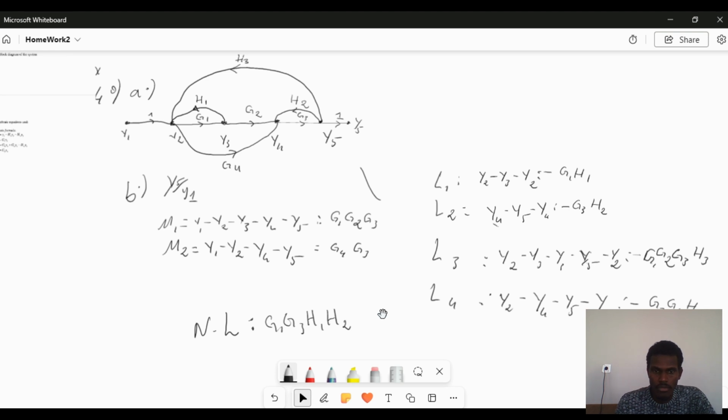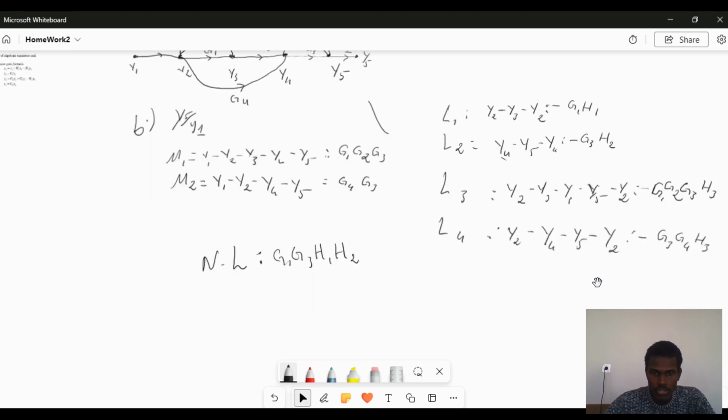Okay, so let's find delta. Firstly, we find delta 1 for M1. Let's see if there is a non-touching loop with M1, which touches y2. So we don't have a non-touching loop with M1, so delta 1 is equal to 1.